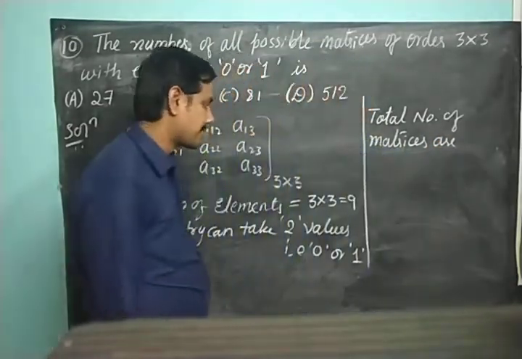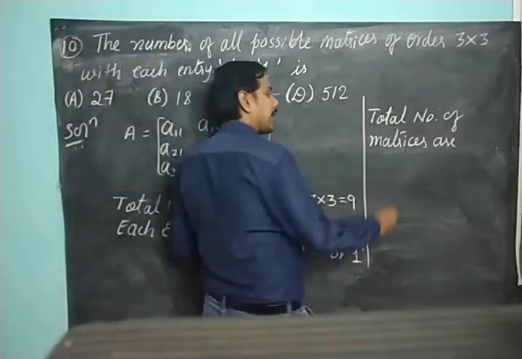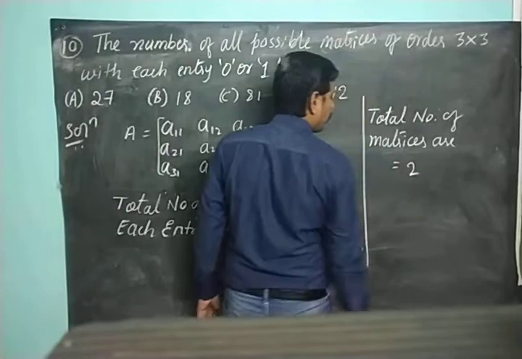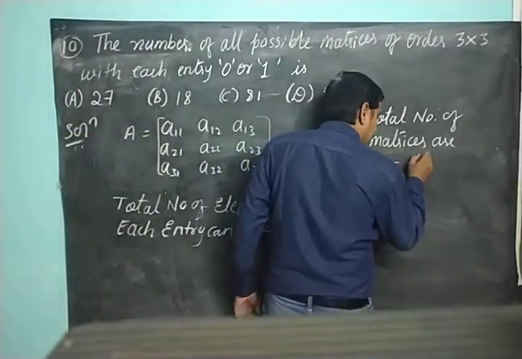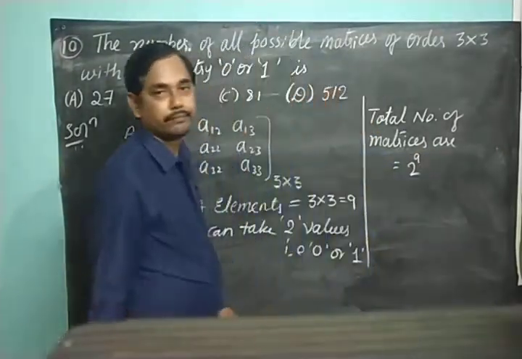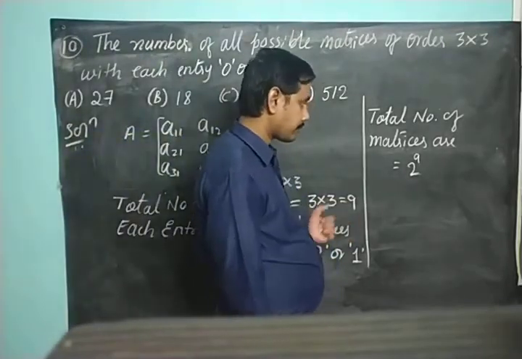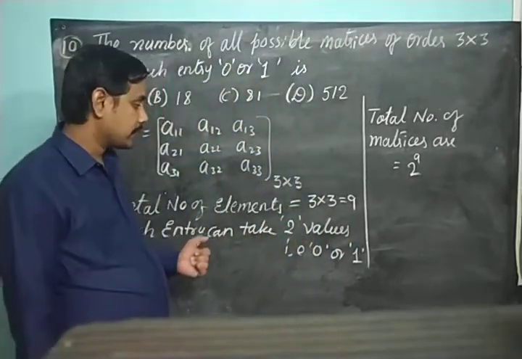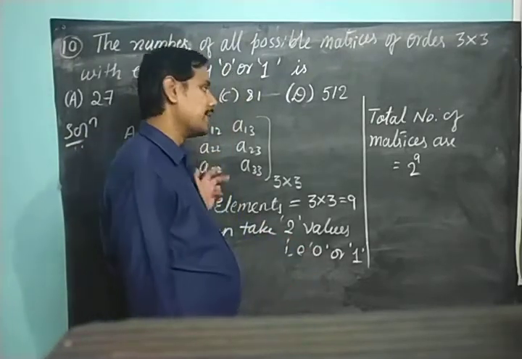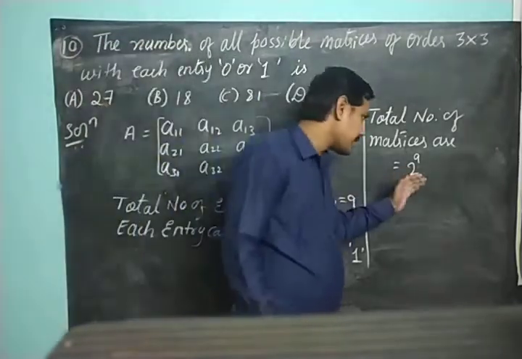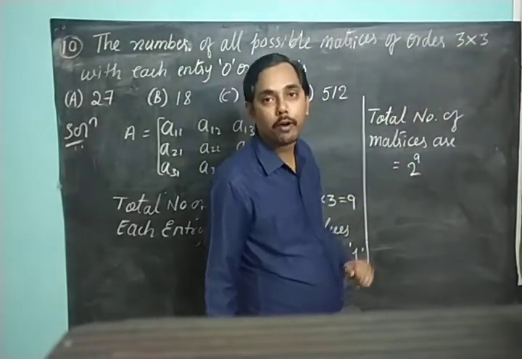So for the total number of matrices, how many values can each entry take? 2 values. How many elements are there? 9 elements. So it is the number of possible values to the power of the total number of elements.